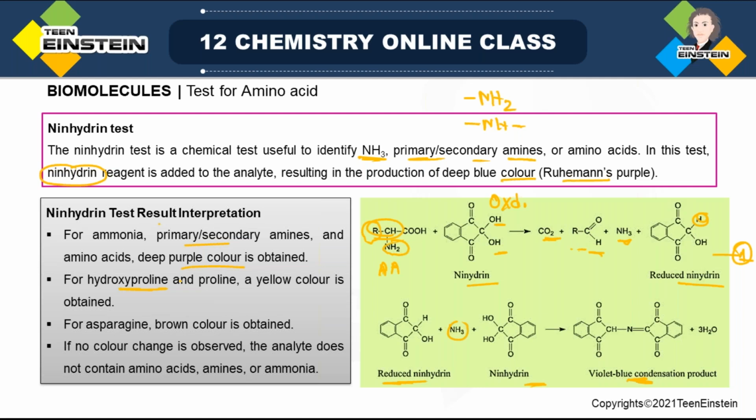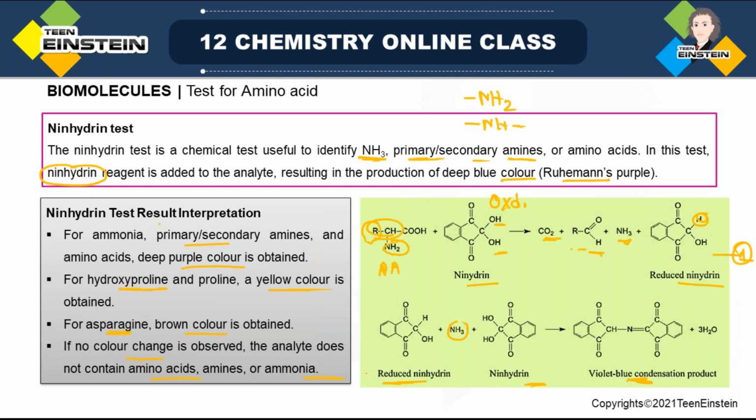So for proline and hydroxyproline, you will not get deep purple color, but you will get yellow color. For asparagine, another amino acid, brown color is obtained. And if you see no color change, that means there is no amino acid or amine, primary, secondary, whatever, or ammonia.